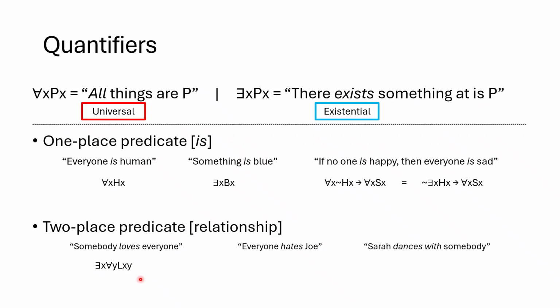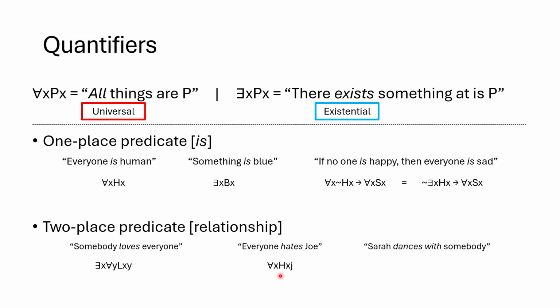So we have this two-place predicate. Let's look at these other two, and then let's do some translations. Second statement here, everyone hates Joe. Who is being hated? Well, it's Joe, so that's why Joe is in the second place. And we don't need a quantifier to be associated with Joe because Joe is a constant. It's a particular individual. So we're not saying all things are Joe or somebody is Joe. We're saying specifically everyone hates Joe.